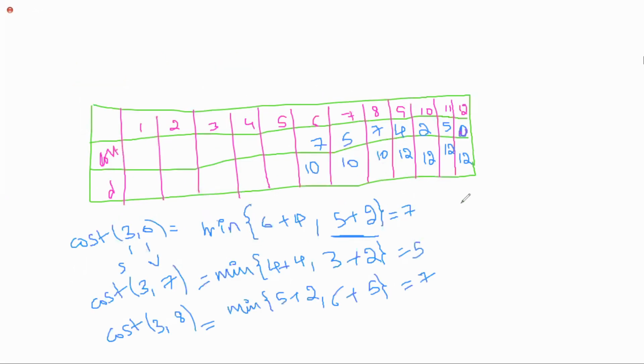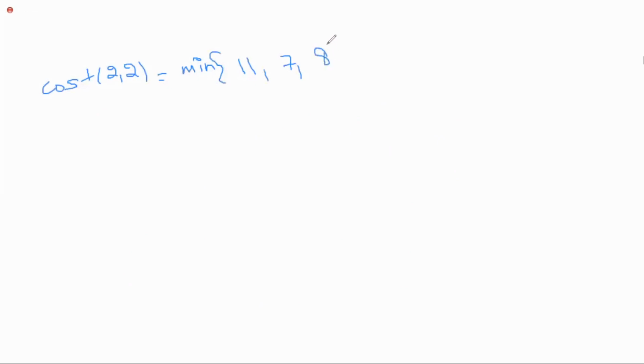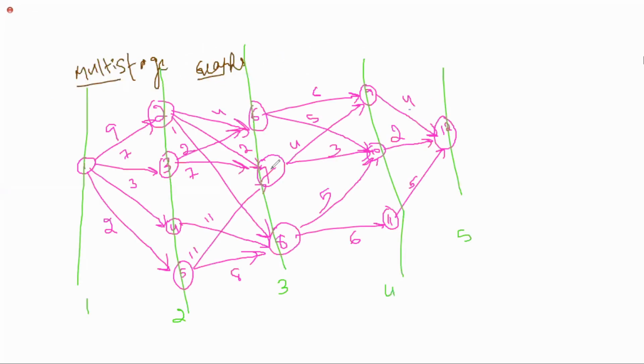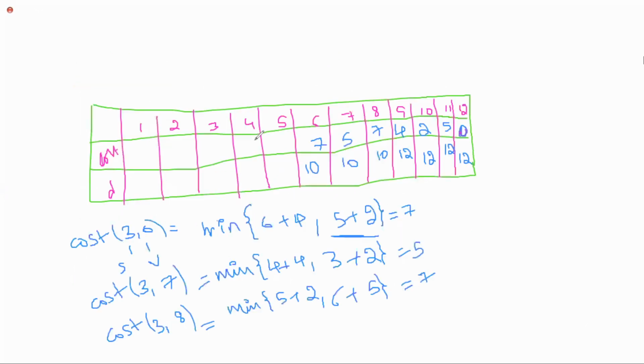So 1 plus 7 is 8. Which one is minimum? 7 is the minimum. Which edge gives 7? We get 7 through the 7th vertex, right? So the cost is also 7, via the 7th vertex.